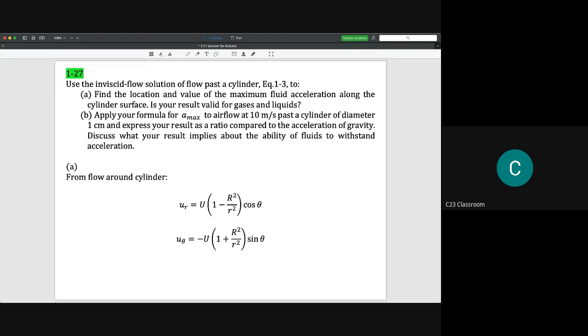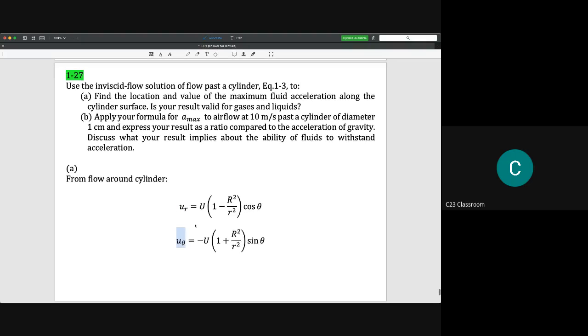And then by using the Cauchy-Riemann equations, we could derive U_r and also U theta from the stream function of flow around a cylinder. When we derive that, we get U_r equal to U(1 minus R squared over r squared) cos theta, and U theta is equal to this one.